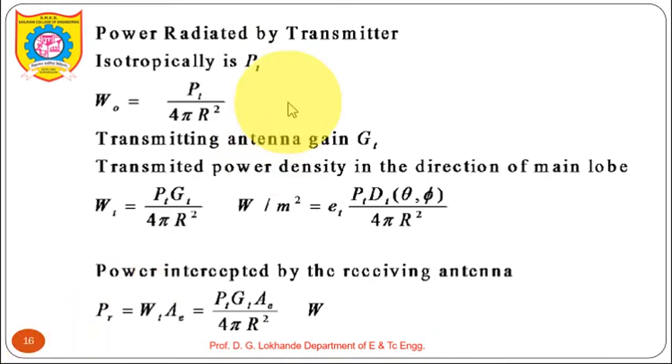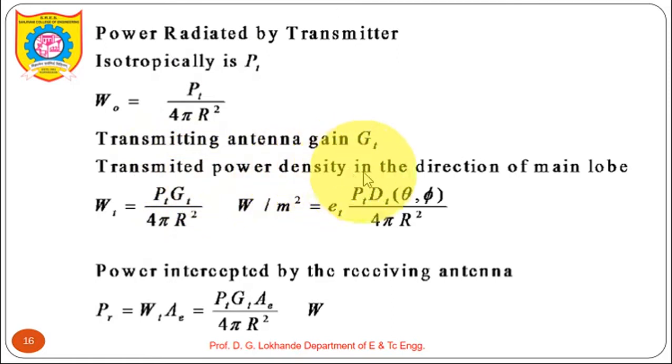If you try to calculate the power radiated by the transmitter in an isotropic manner, it can be written as the transmitted power upon the area, Pt upon 4 pi r square. The transmitting antenna has some gain, so it will be multiplied with the above equation.